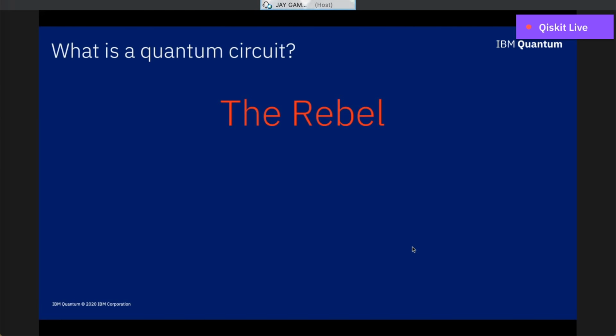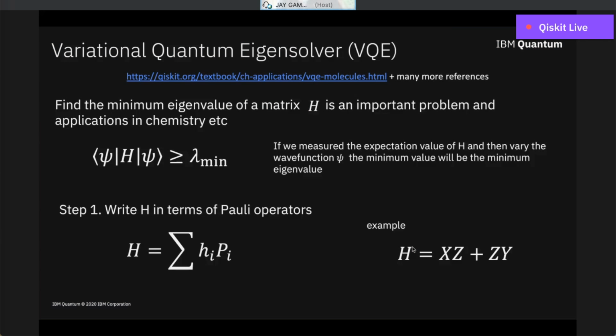So now I want to take a different lens and say, what is a quantum circuit from the view of a chemist? So imagine now that I want to run this algorithm, and I have this matrix H, and I want to find the minimum eigenvalue of that. It turns out that this is important in chemistry and many other types of optimization problems.